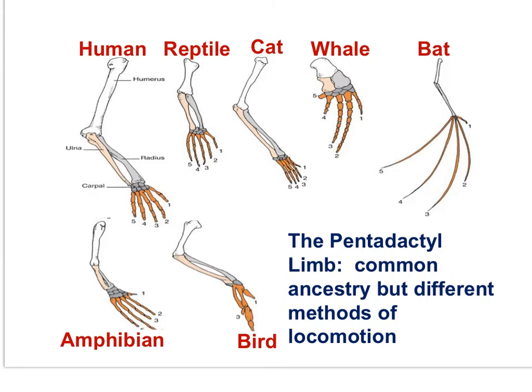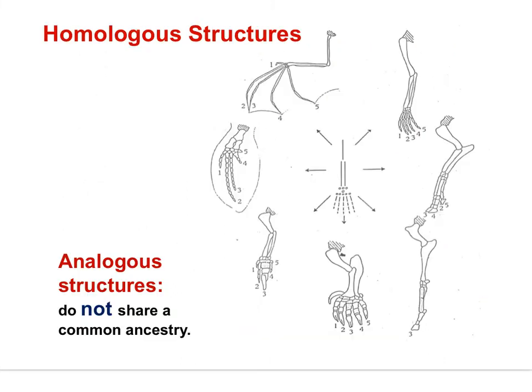All of the forms displayed here are derived from the ancestral 5-fingered limb, the ancestral pentadactyl limb. In this diagram, you can see the ancestral pentadactyl limb that gave rise to all of these modern forms. As homologous structures, they share a common underlying ancestry, but they all have different locomotive functions.